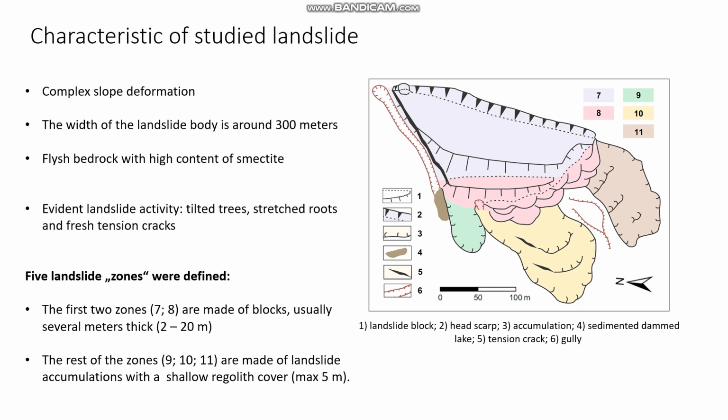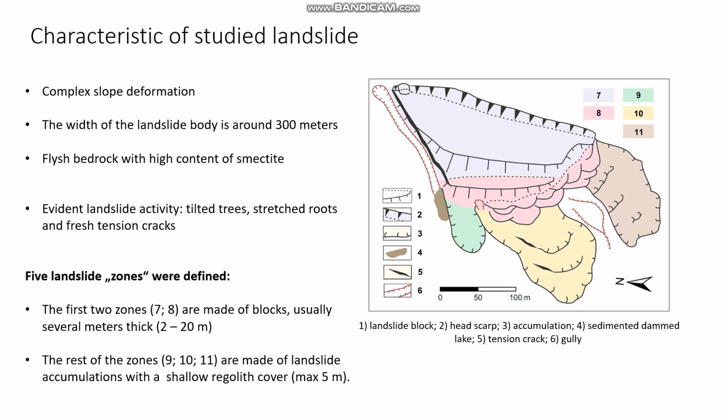It's evident that the landslide is active because there are many trees that are tilted and have stretched roots, especially on the headscarp and on the smaller blocks above the earth flows. Here are the blocks. There are the earth flow paths, and here is the path of the debris flow.